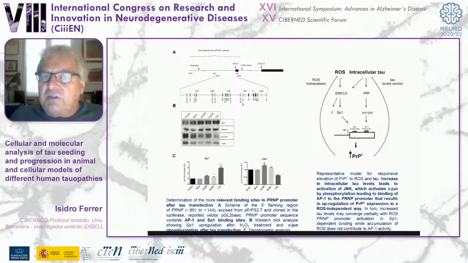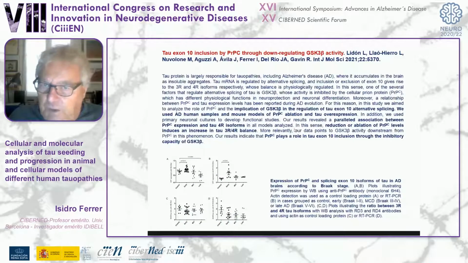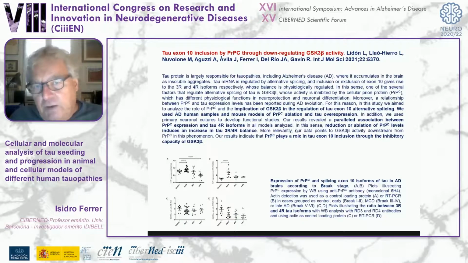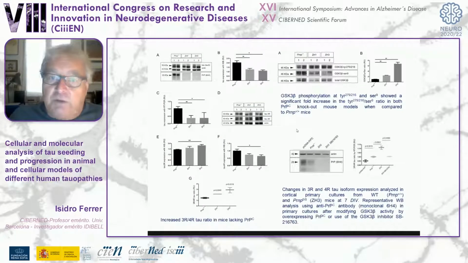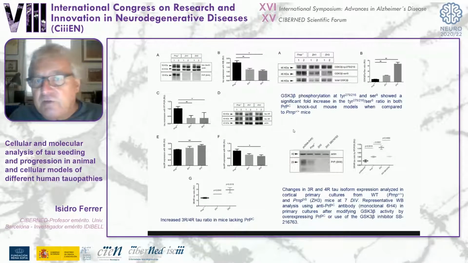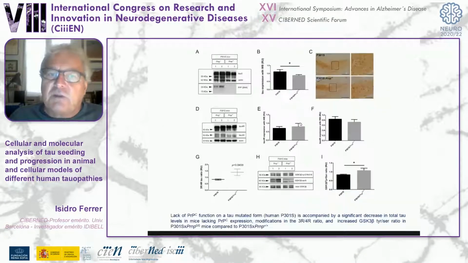So there is another partner in all these processes in which PrP plays a role in the capacity of seeding and spreading of tau in different models. So this is the participation of different molecules in this kind of models.